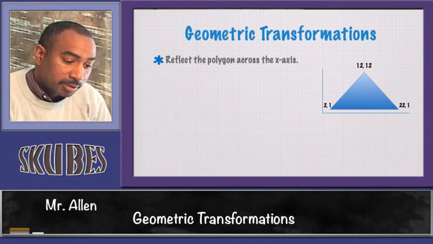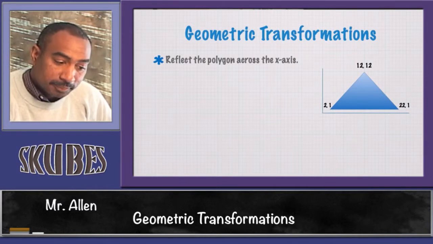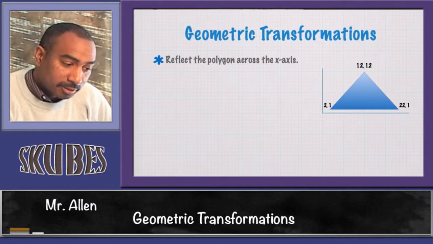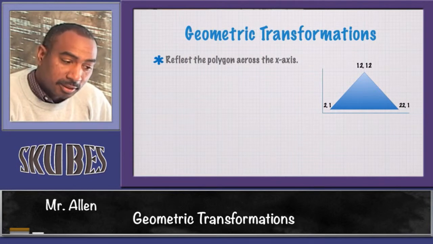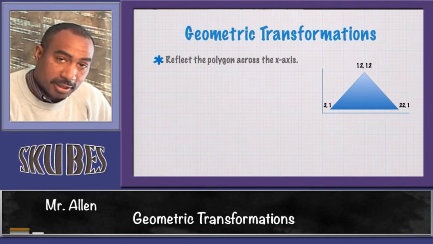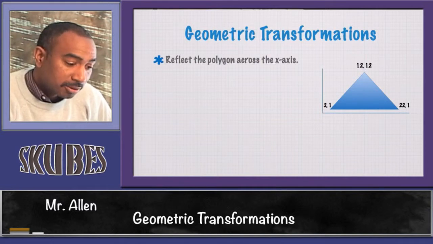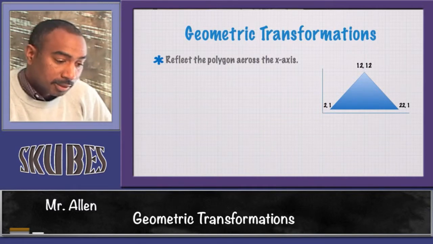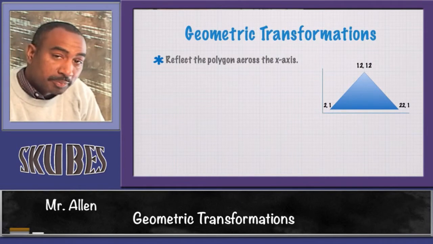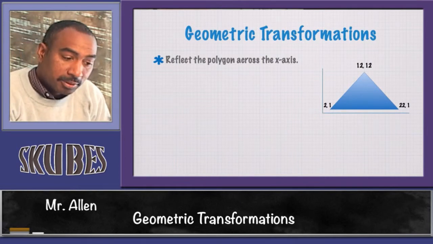Right, now sometimes you're given ordered pairs and you're asked to reflect or translate or rotate a polygon across the x-axis or y-axis. In this case, reflect the polygon across the x-axis. Remember, reflection, you're just flipping the original image.